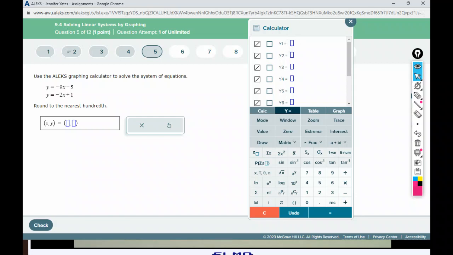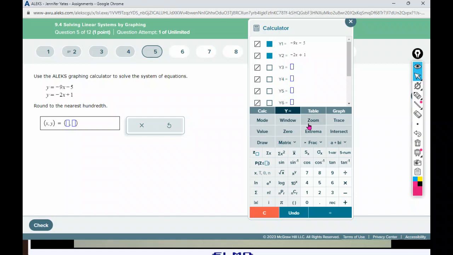I have negative 9x minus 5. I'm going to need my keyboard. I wish they had an X on that calculator. Do they? We only have multiply. Okay, and then another one is negative 2x plus 1.